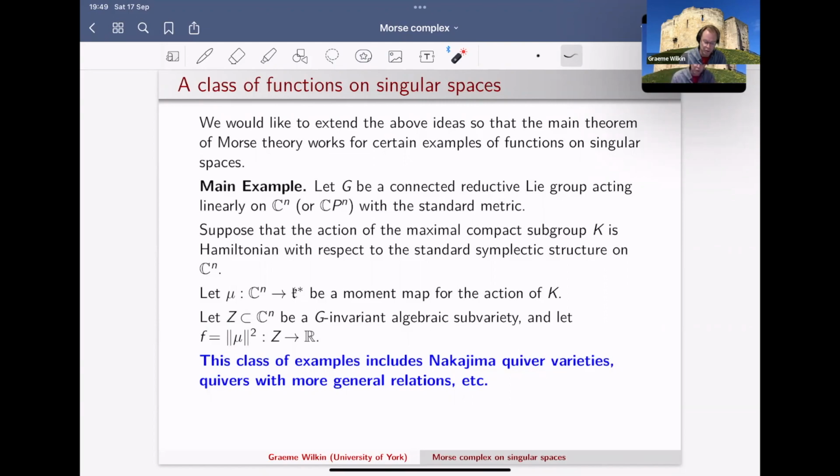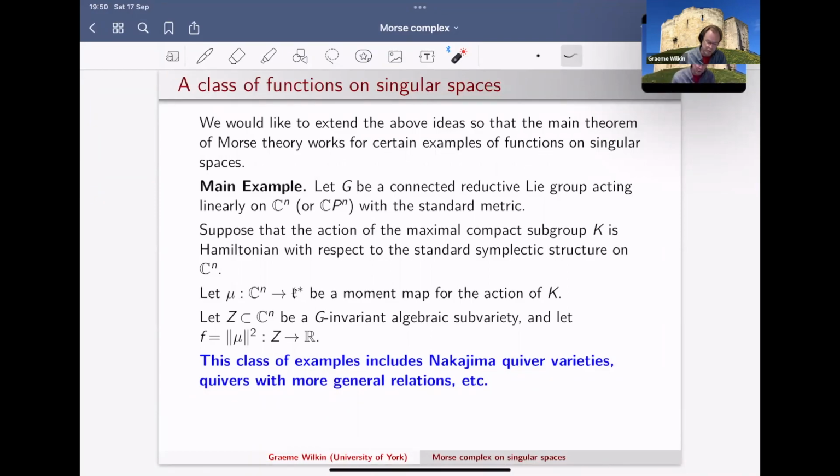Something I worked on in my thesis under George was the Morse theory for spaces of Higgs bundles, certain low rank cases. So that's a singular space where, again, we have a setting that looks something like this. So in this class of examples, I like to include things like Nakajima quiver varieties or moduli spaces of quivers with more general relations in this setup.